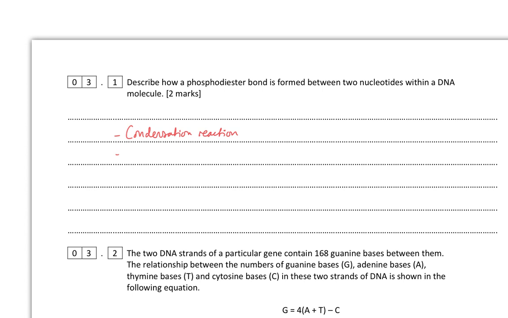The trouble is I can't say sugar, and we allowed phosphate, but it's a phosphate ion. So better to answer with the phosphate ion and the sugar, but the sugar in DNA is deoxyribose. Deoxyribose. There we go. Get my 2 marks.